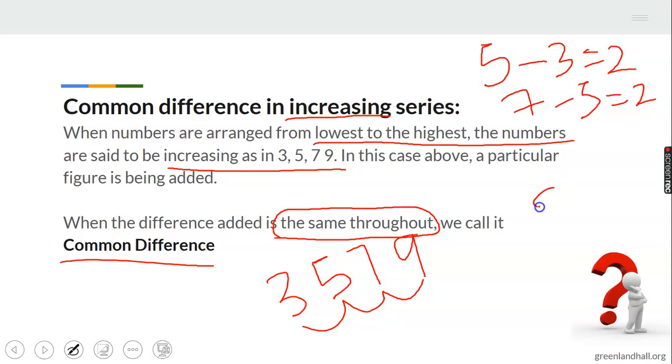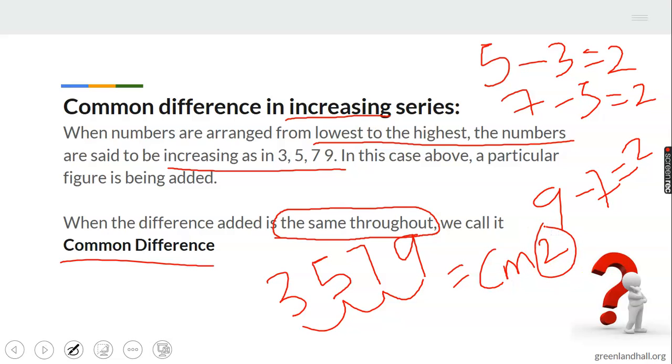Beautiful. Also 9 minus 7 gives me 2. So my common difference here is 2. When the difference that is added is the same throughout, we call it the common difference. This is an example of an increasing series.